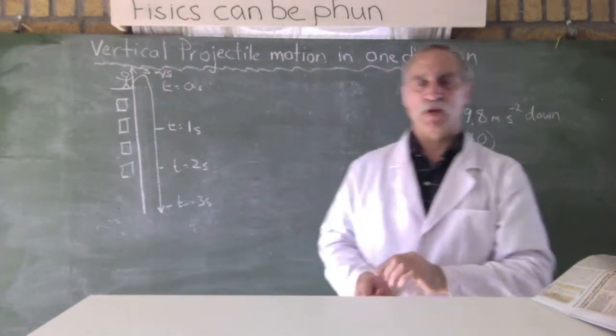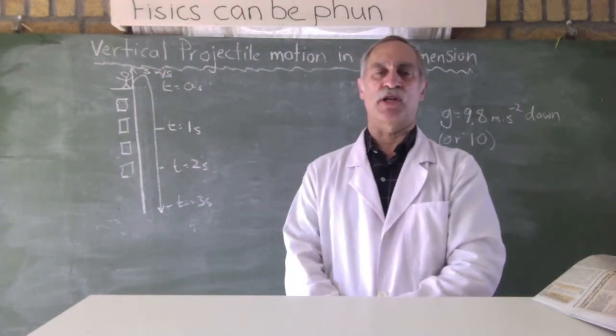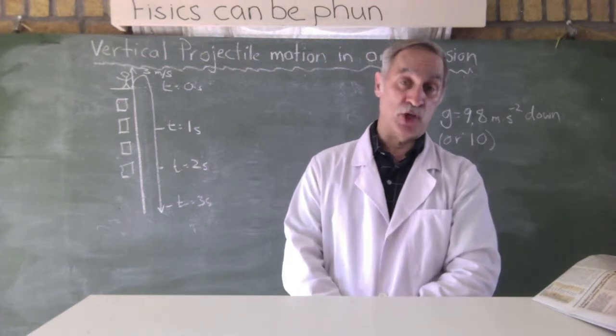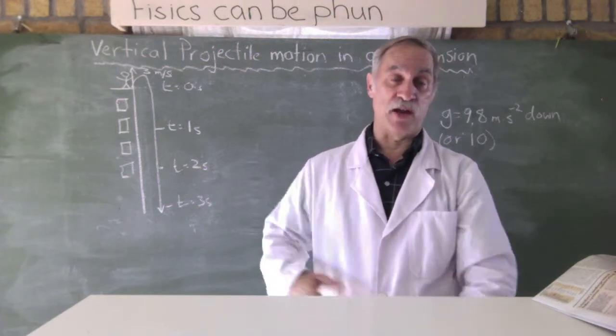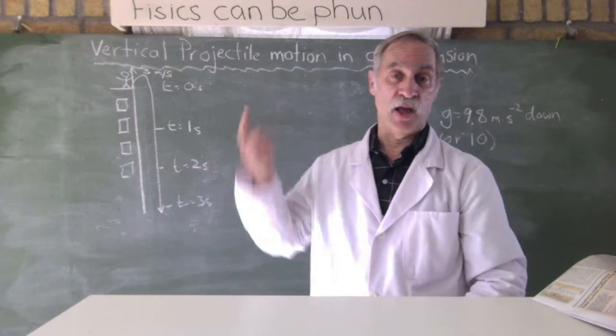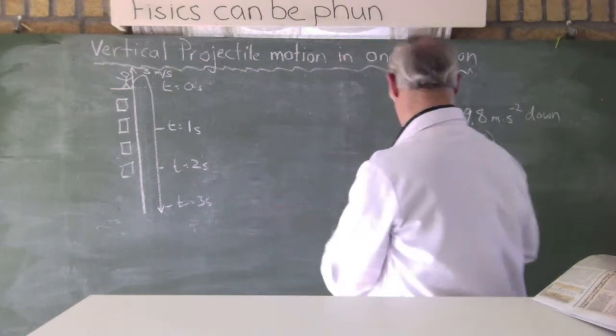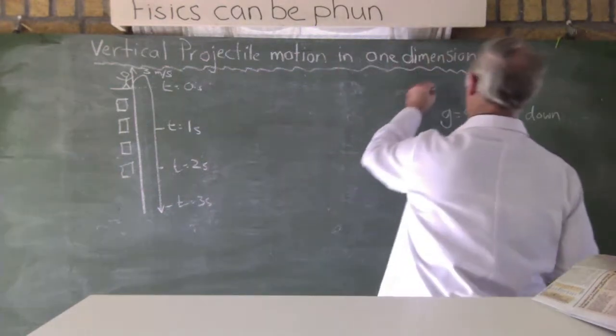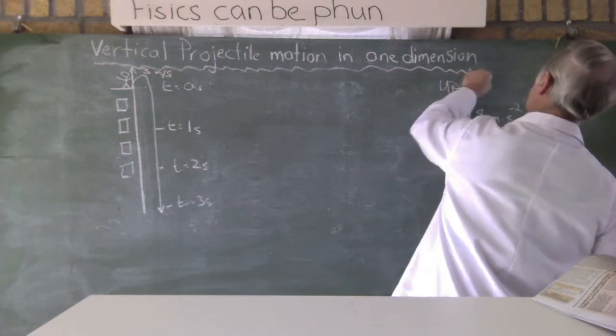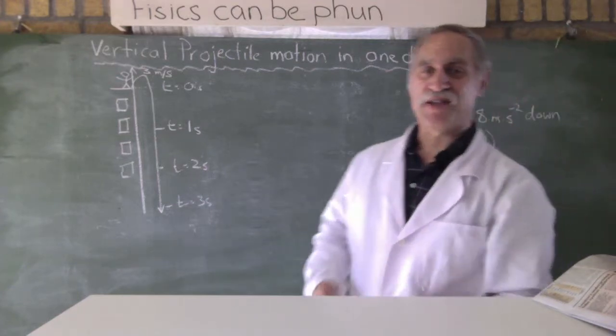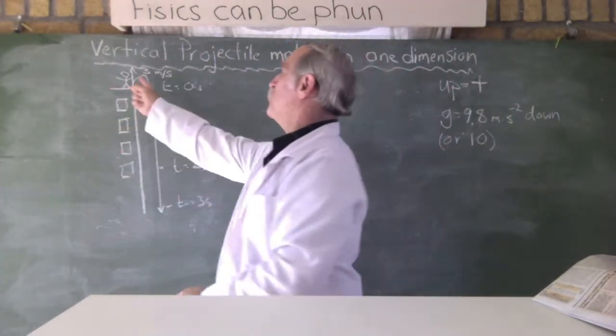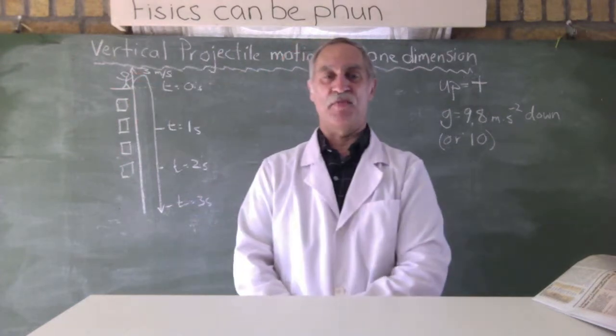Now, it's very important with these kind of problems to choose a direction as positive. We normally choose the starting direction as positive, and it starts with the stone going upwards. So let's choose up is positive. Right, so it's starting with a positive velocity of 3 meters per second.